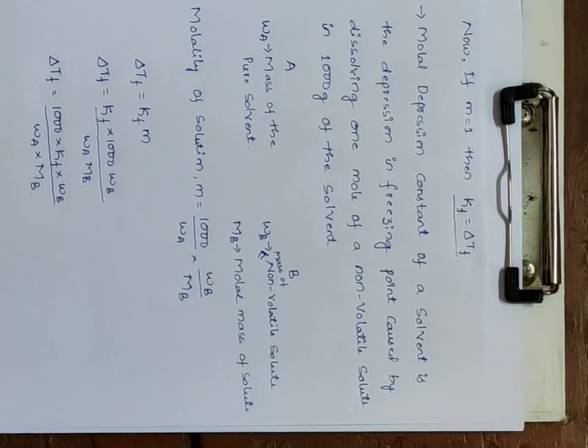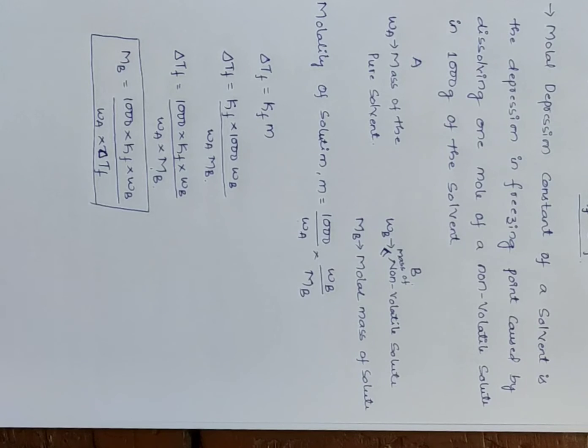Now if I want to determine the molar mass of the non-volatile solute, then MB is equal to 1000 into KF into WB divided by WA into delta TF. So from this equation we can determine the molar mass of the non-volatile solute knowing WA, WB, KF. The molar mass of the solute can be calculated after determining the experimental value of delta TF.